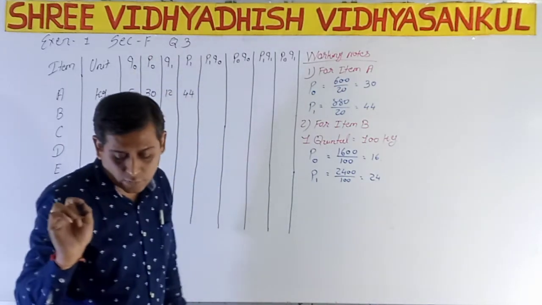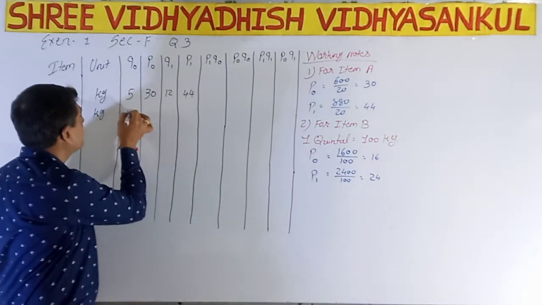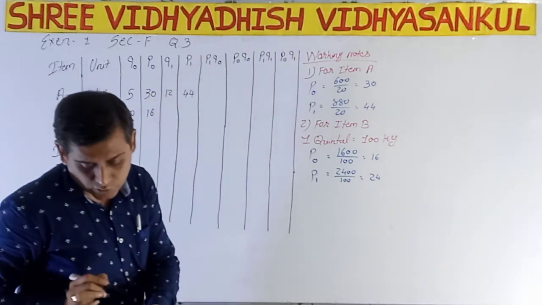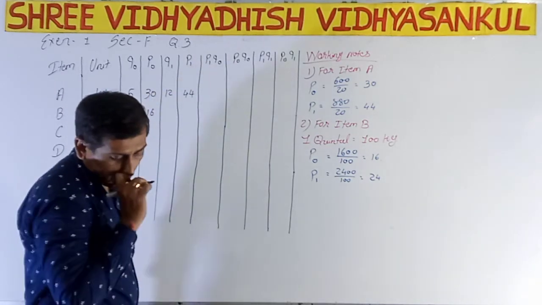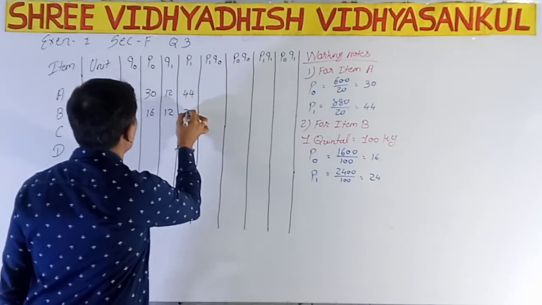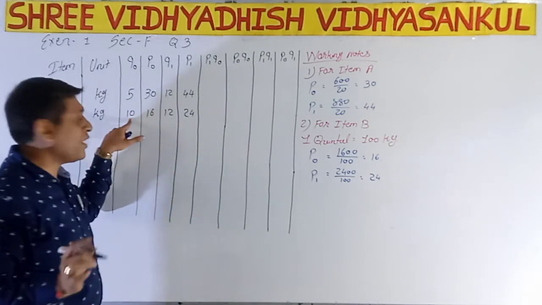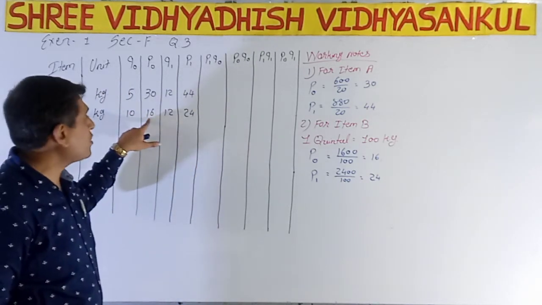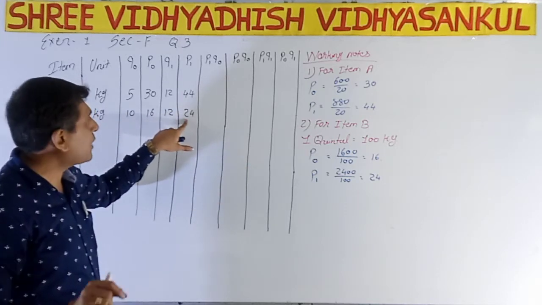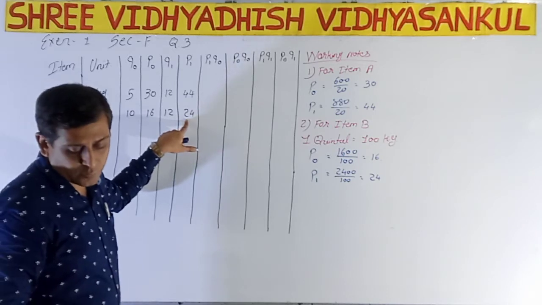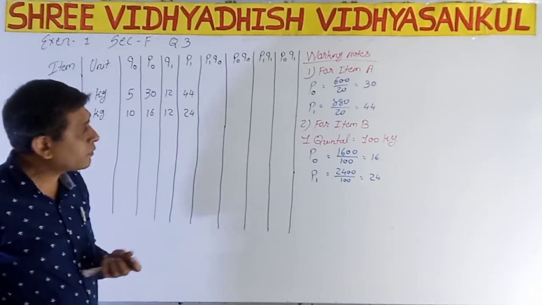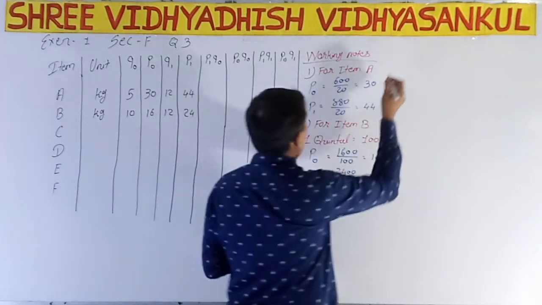Now quantity of the base year 10, price of base year 16, quantity of current year 12, and price of current year 24. Okay, so item B is over. Now item C, working note for item C.